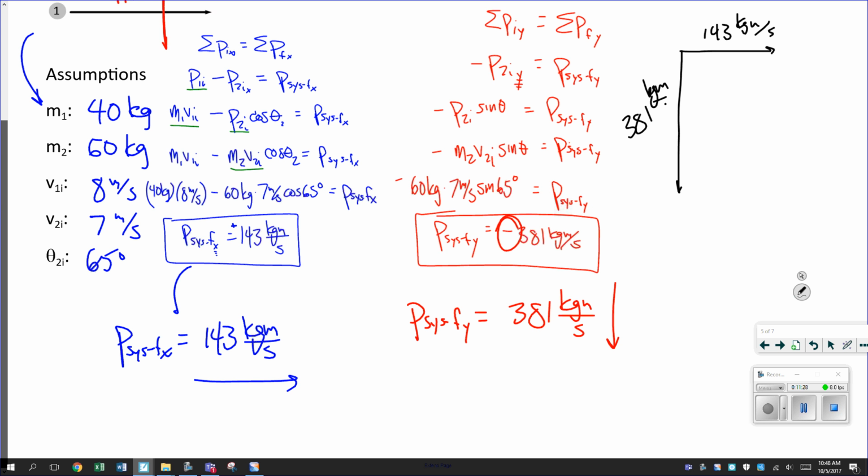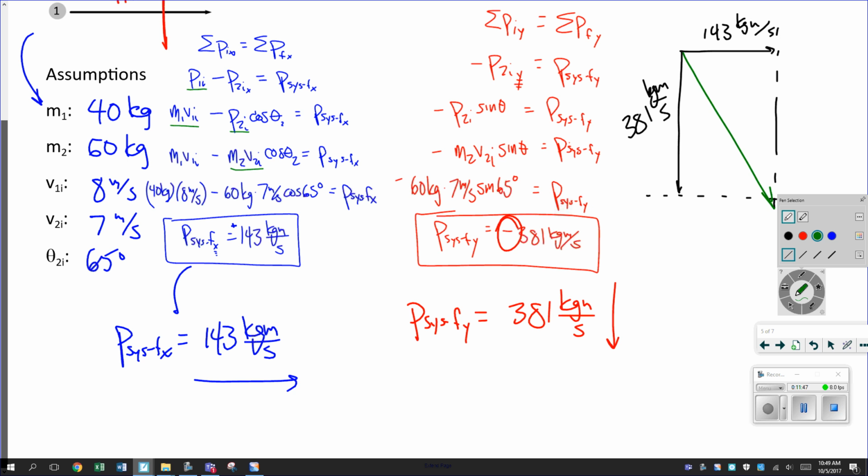There's no need to use a ruler and protractor here. That sketch is good enough. Which means the net final momentum has that downward component and this rightward component, and the total final momentum is the resultant of those two vectors. It's this vector here, which I didn't do a great job of drawing. So there is P sys final.